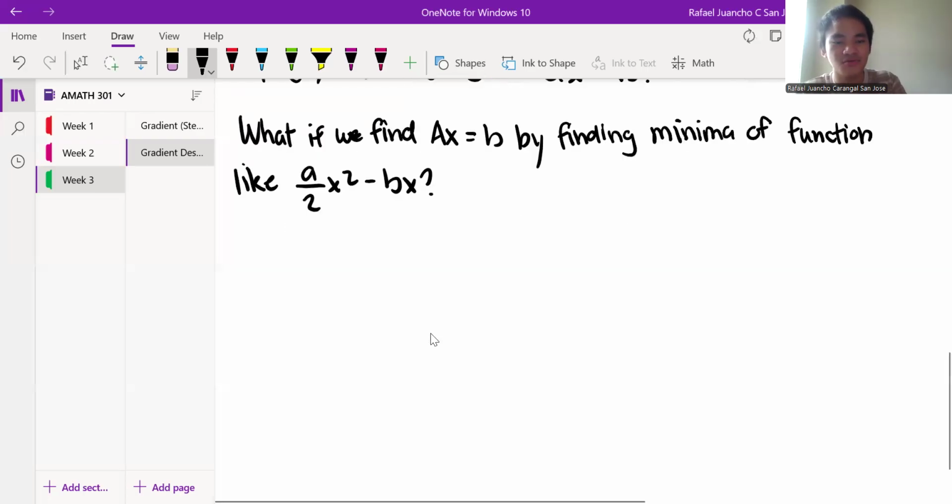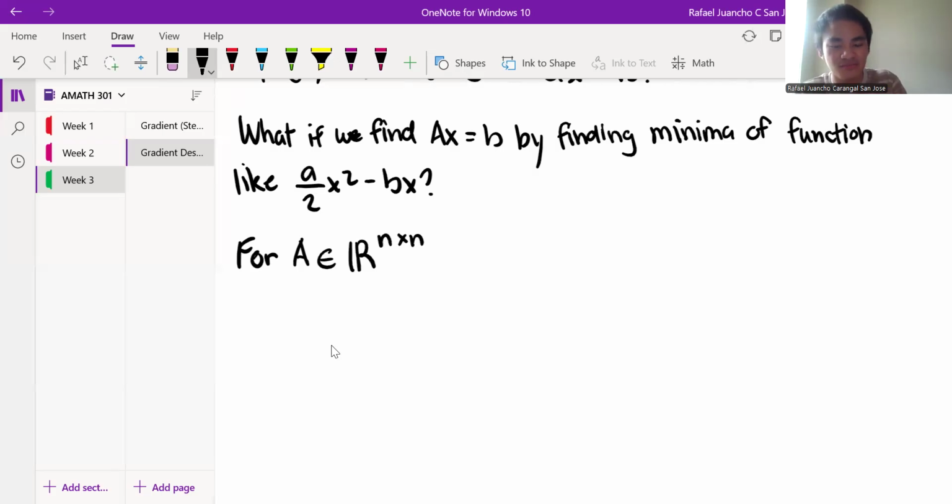Right? So let's do it in our Ax equals b linear system. Here we say our A is a square matrix, n by n. That means our b is just n by 1.